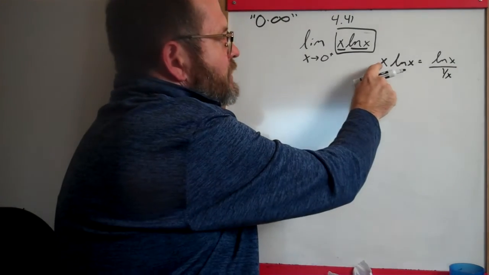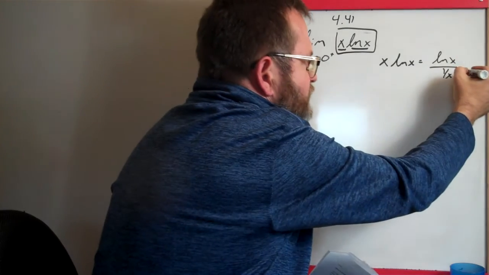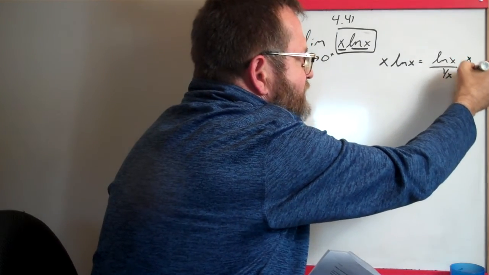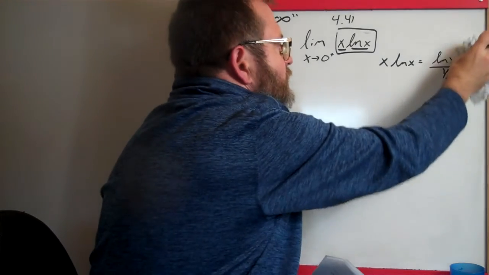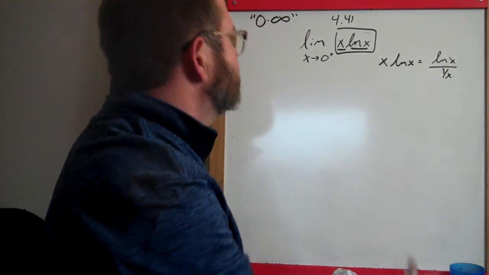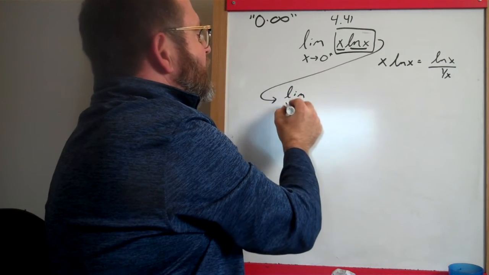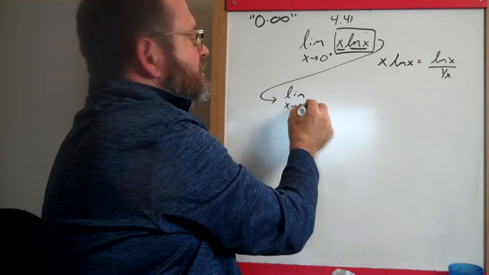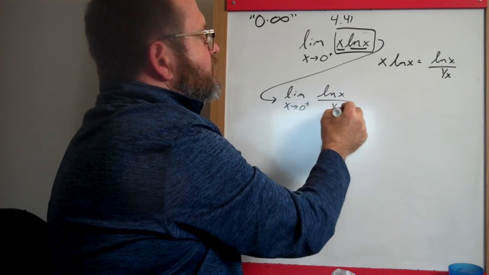Right? You can prove it to yourself by going, we can multiply this way, those would cancel out, and we get back to x log x, right? We've moved the x to being down in the denominator like that. In other words, this limit right here is the same thing as the limit as x approaches 0 from the right of the natural log of x divided by 1 over x.